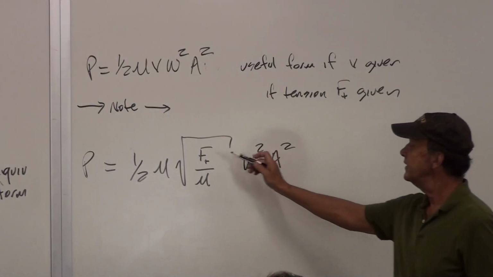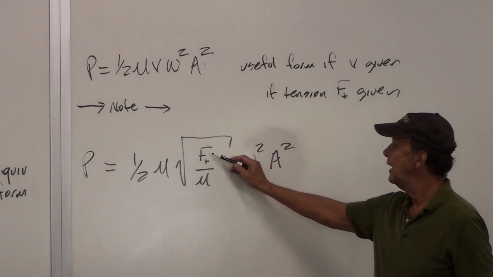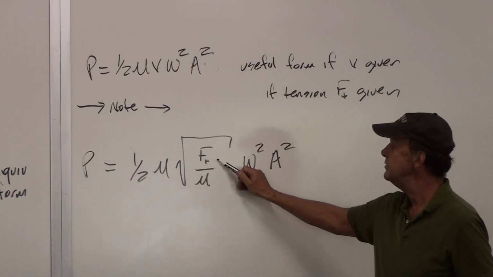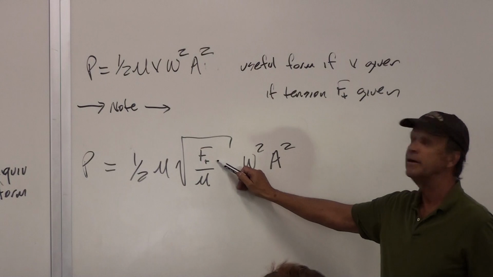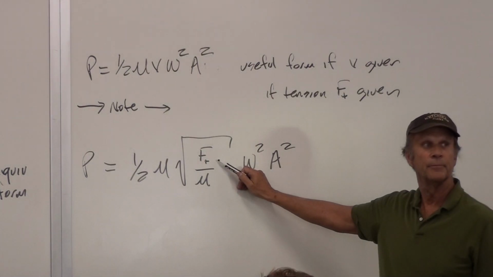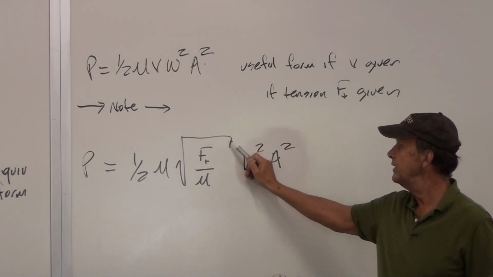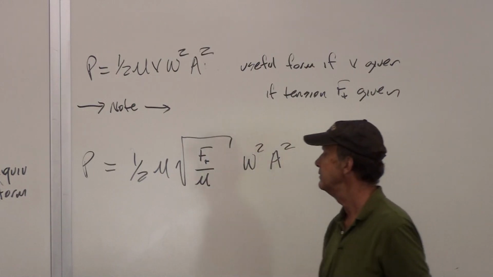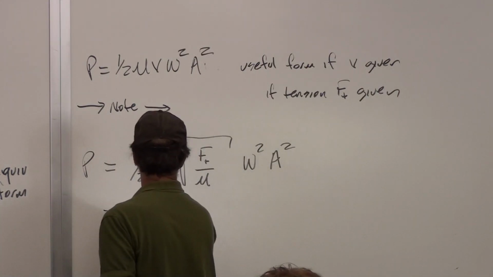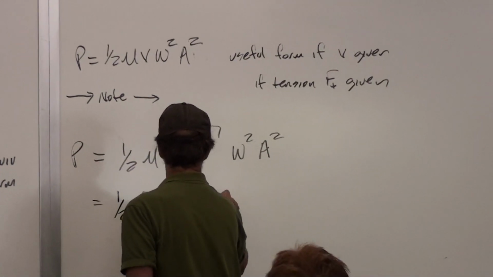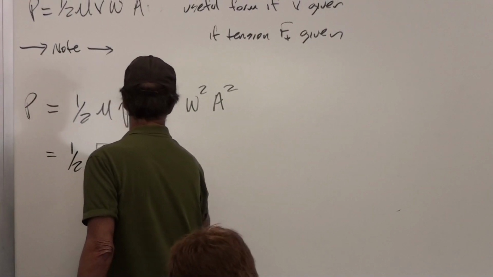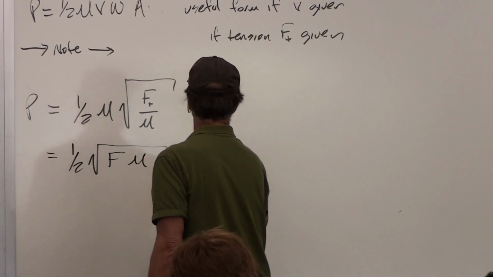Now, if we bring the mu inside of here, then that's the square root of mu squared. So if I do that, then one of the mu's will cancel inside of the square root, and that'll give me 1/2 square root of F mu times omega squared a squared.